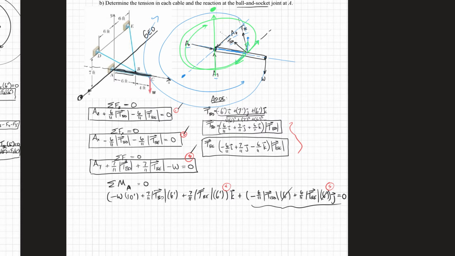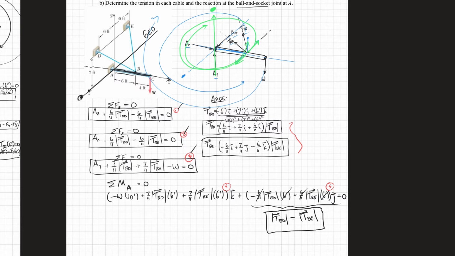It goes on the bottom of a 0, doesn't matter. I can multiply both sides by 11/6, and those are gone. Then I can bring TBD onto the other side, and what I end up with is TBD equals TBE, which is a really great result. It's really, really helpful.